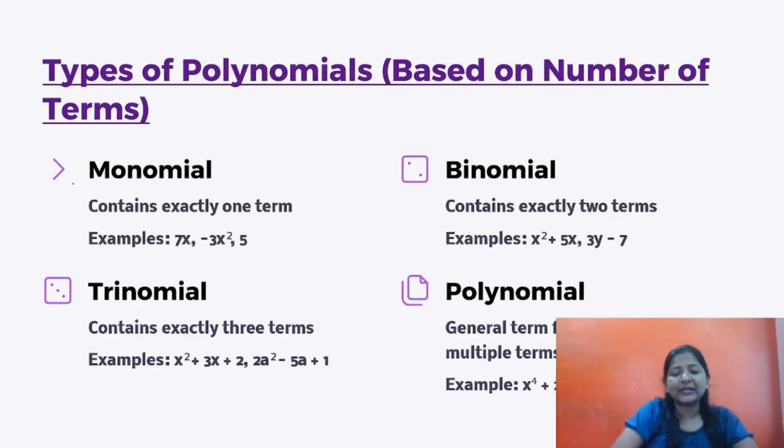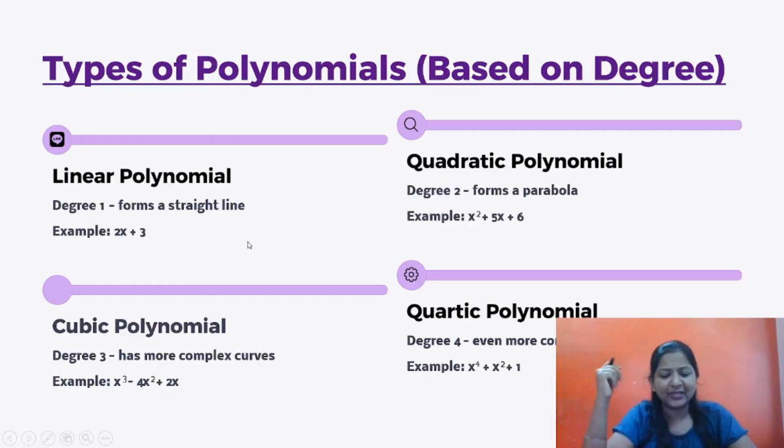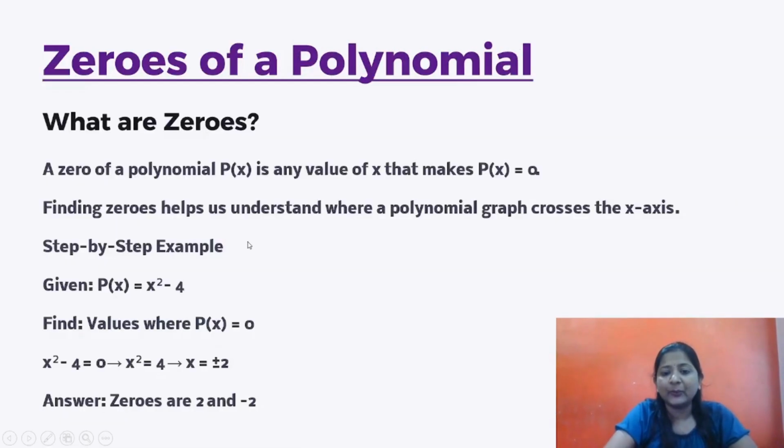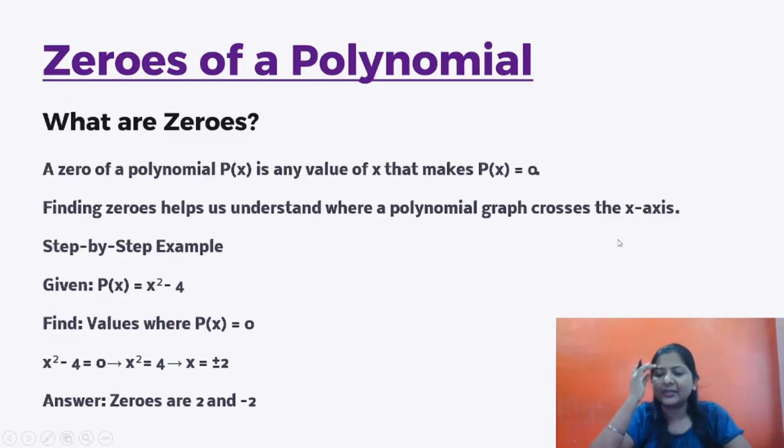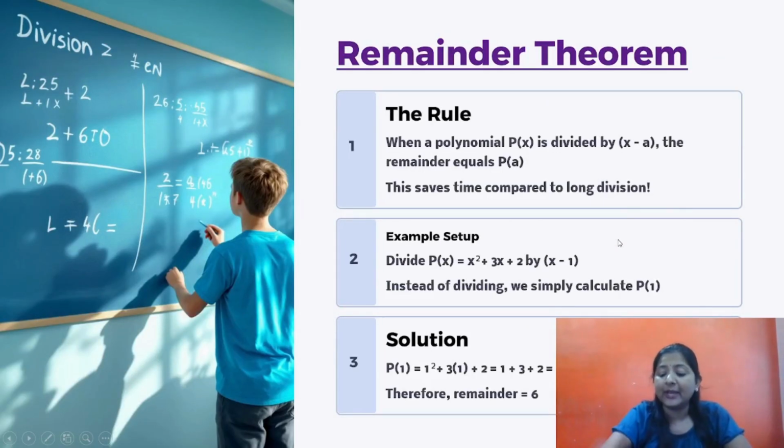If any polynomial consists of one term, like these, those are known as monomials. If any expression consists of two terms, like this example, it is a binomial.